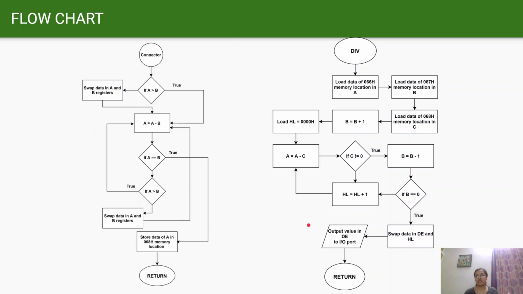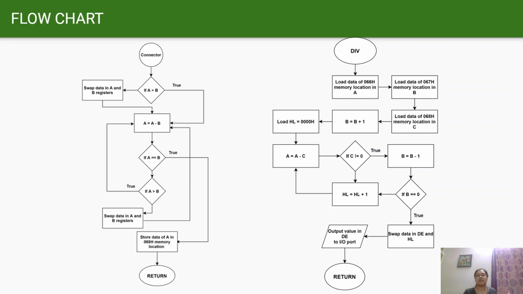Then we have division, and in division what happens is we take three inputs. One is the most significant bits of the product, second is the least significant bits of the product, and third is the HCF value. And after taking the inputs, we're setting HL to 0, and then we're subtracting C from A repeatedly. B over here holds the most significant bits. So first we will subtract the HCF value from the least significant bits only.